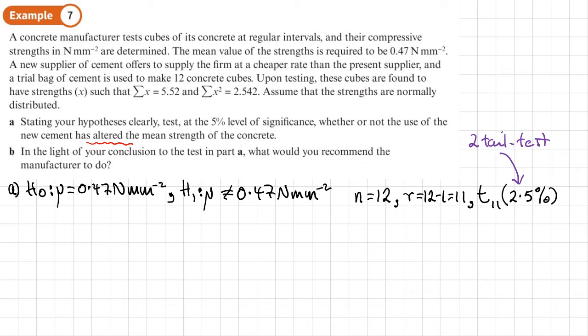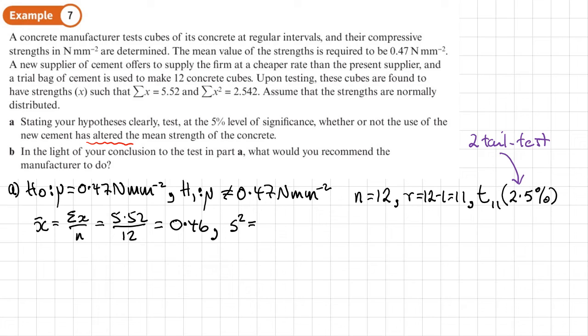So now we're going to work out our sample mean and our sample variance. Our sample mean is going to be the sum of x over n. We've been given the sum of x, 5.52, over n, which is 12, and that's 0.46. And then our sample variance, so we'll make sure that we square root this. Actually it's going to be an unbiased estimator that we work out.